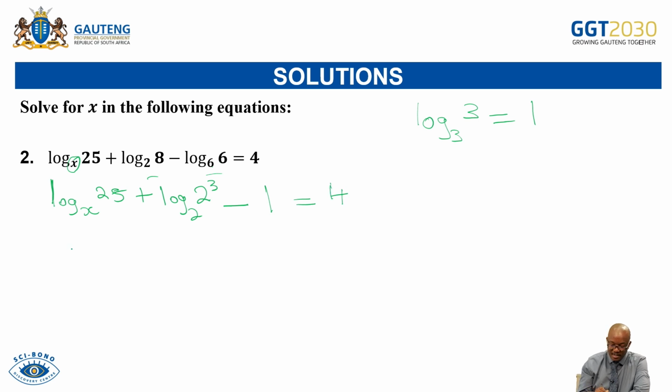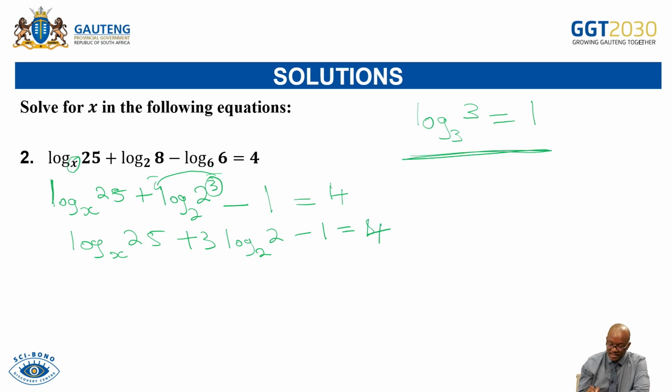Then we come again and see the log base x of 25 plus, now we take this 3 and multiply the coefficient, it becomes 3 log base 2 of 2 minus 1 is equal to 4. Then you can see that this method can also be applied in this case.